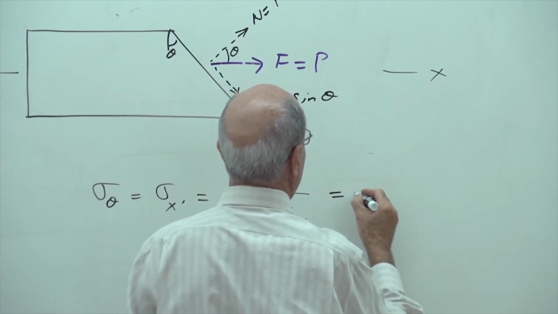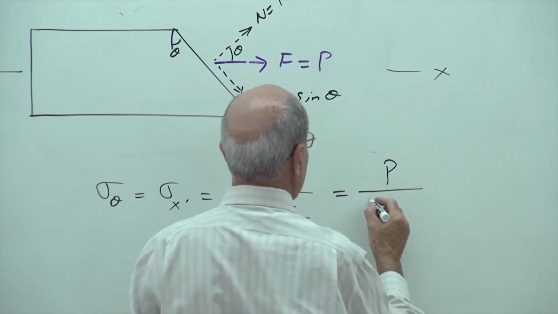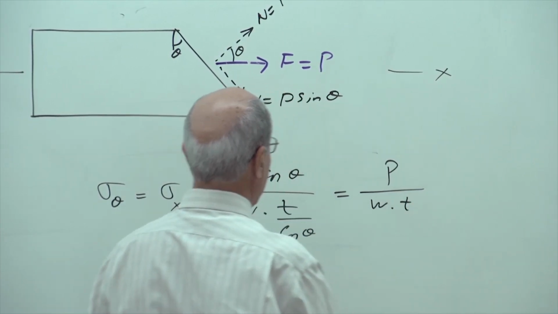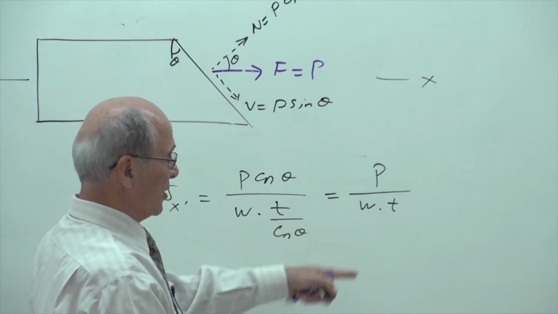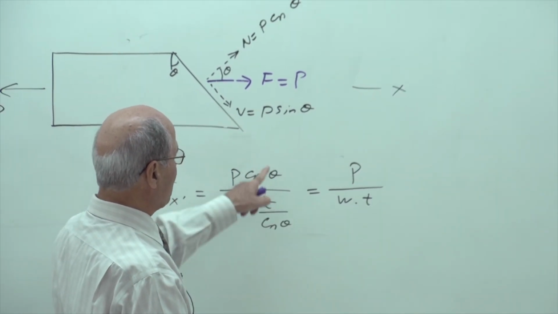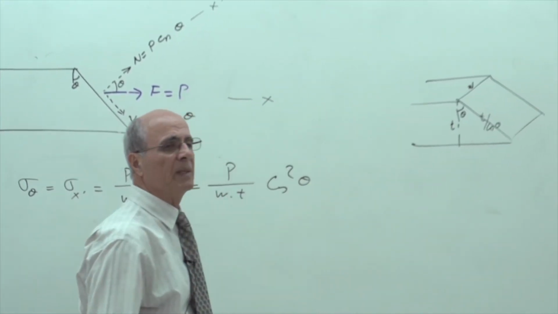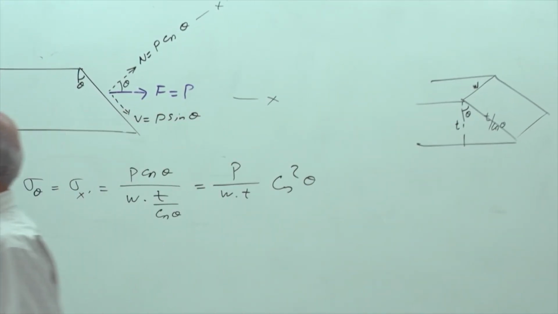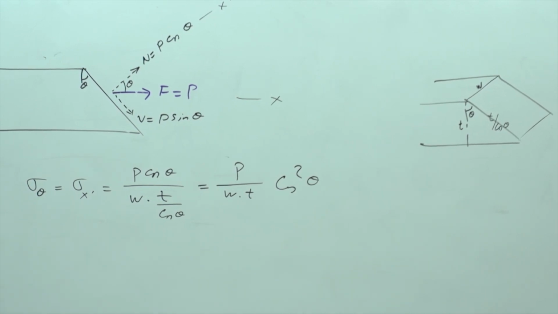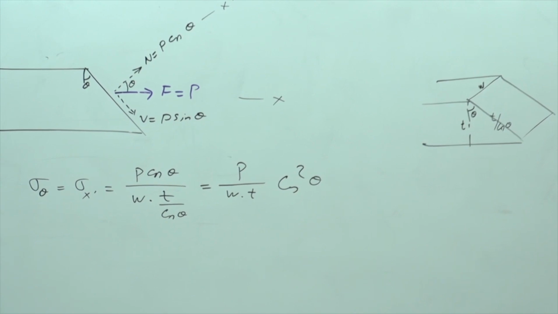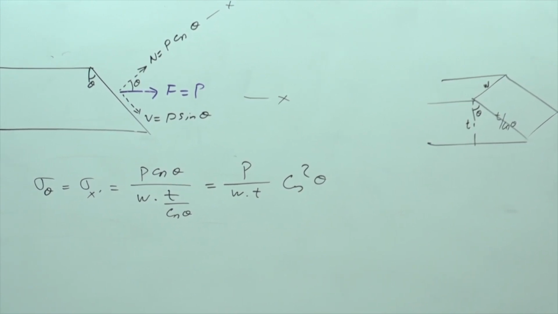So it becomes equal to P divided by W times T. This is not a dot product. This is the T multiplied. Then this cosine goes there, and there becomes cosine square theta. Is this stress less than this or more than this? More?